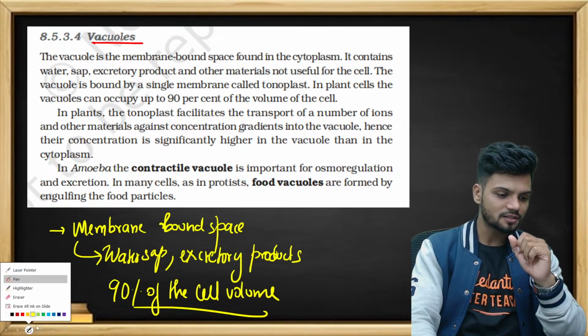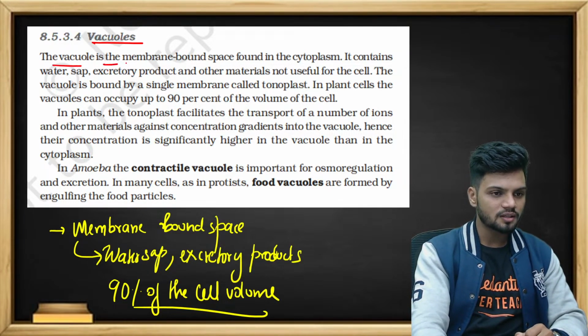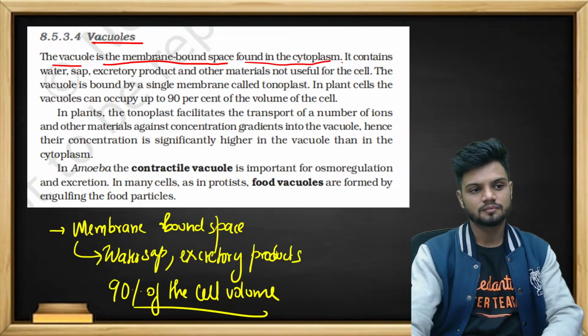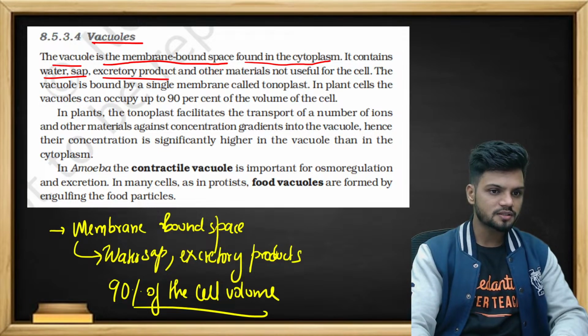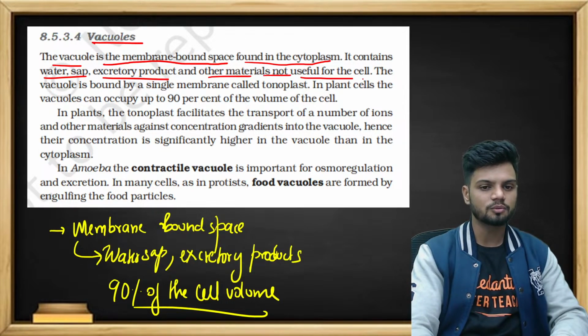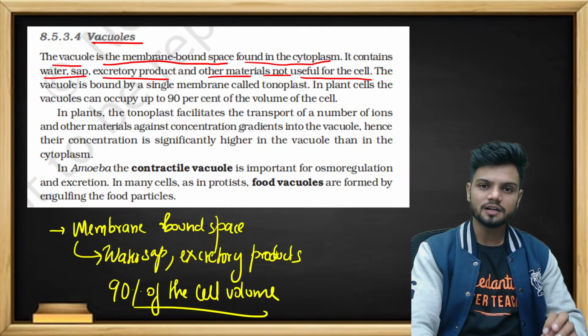Understand now, the vacuole is the membrane-bound space found in the cytoplasm. It contains water sap, excretory products, and other minerals not useful to the plant. So it has made the plant a dustbin. Whatever is not required, it will throw there.